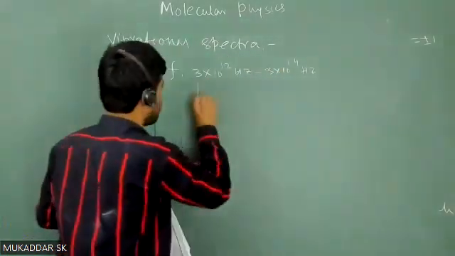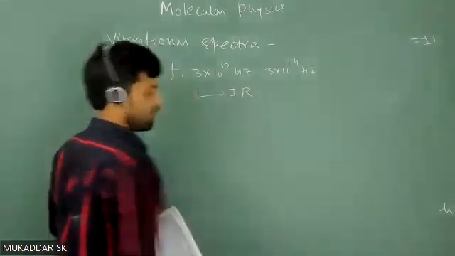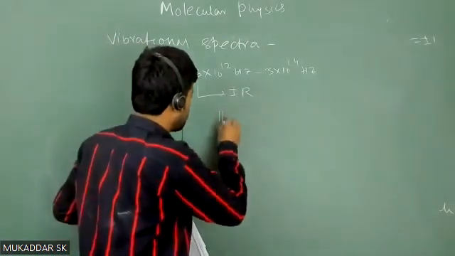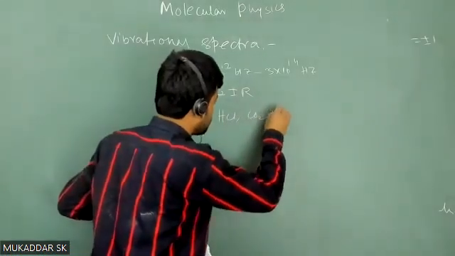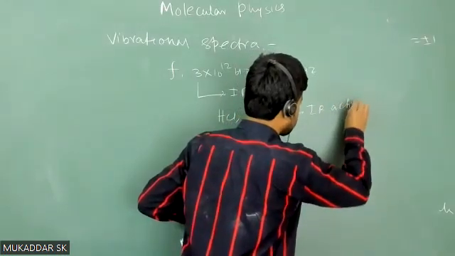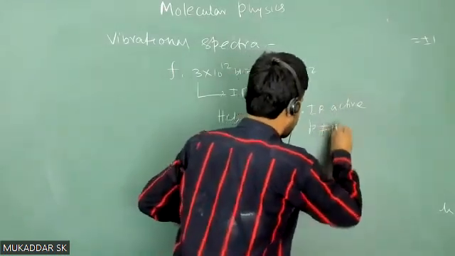And this lies basically in IR region, and that's why it is called IR active or IR spectra. When you shine a photon in IR region, then heteronuclear molecule will show vibrational spectra because the bond between atoms is actually flexible. Okay, so basically heteronuclear molecules, for example HCl, CO, such kind of molecule is IR active because they have permanent electric dipole moment.